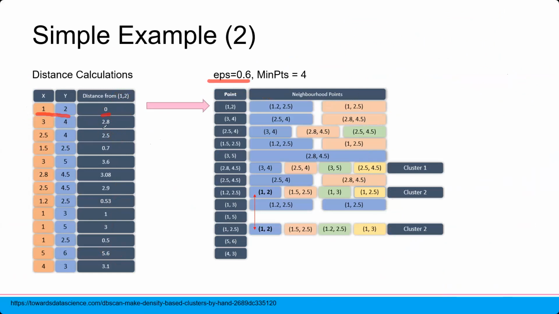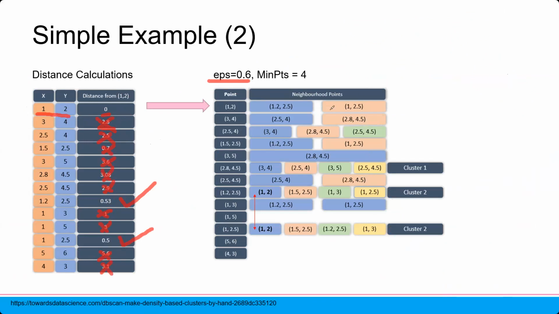What about the distance here? It is higher than 0.6. This one is also higher than 0.6, and this, and this. This one is good because it is less than 0.6. This one is no, this one is no. This one is less than 0.6. This one is no, and this one is no.